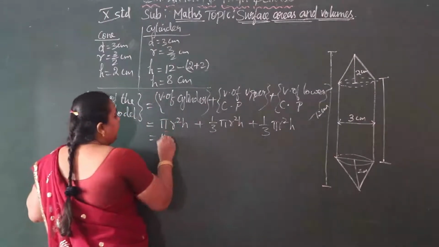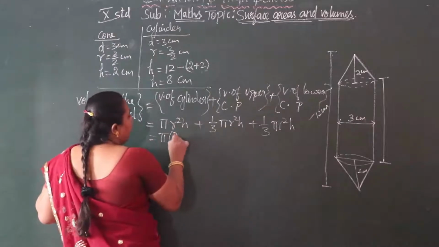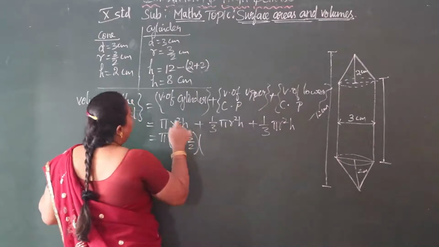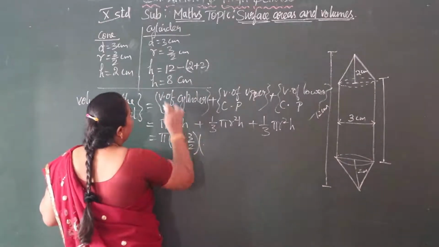So pi into r square, where r is 3 by 2 into 3 by 2, into h. What is h here? 8, in the cylinder.